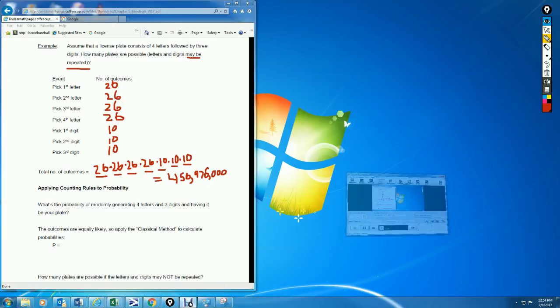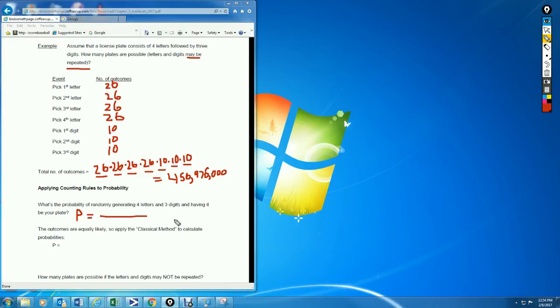Okay, so now as far as applying the counting rules to actually calculating probabilities, what is the probability of randomly generating the 4 letters followed by 3 digits and having it be your license plate? Okay, so basically we want to go back to our basic definition of probabilities, which is in the numerator, the number of ways it can occur, over in the denominator the total number of outcomes. Okay.